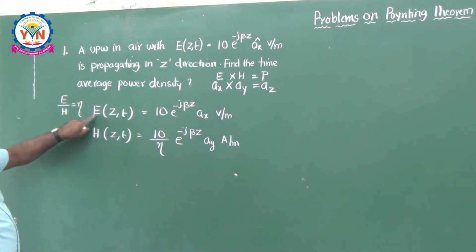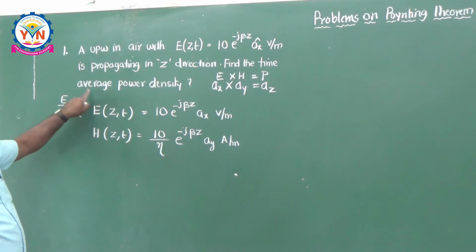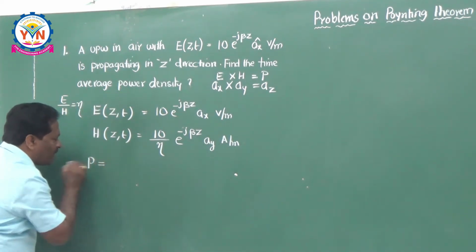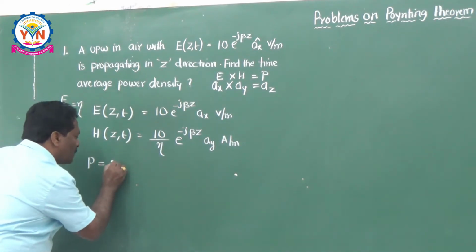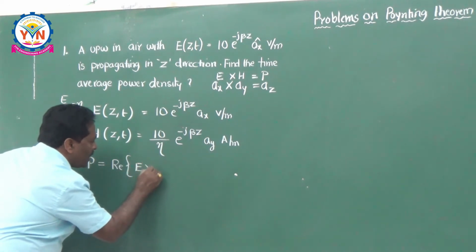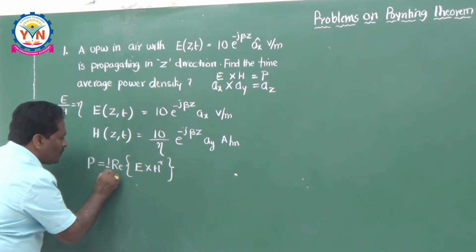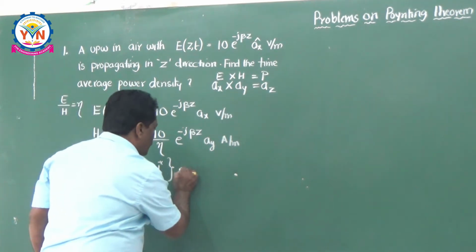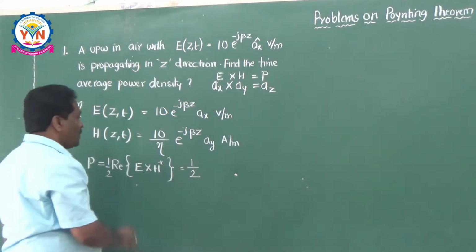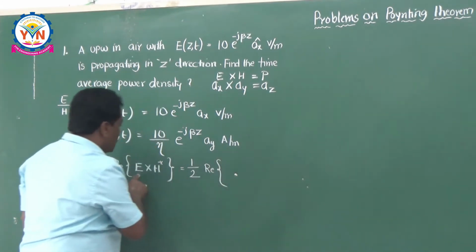Once you know this E and H, it is very easy to calculate the average power density. Power density P, since it is a complex power, is one half of the real part of E cross H conjugate.